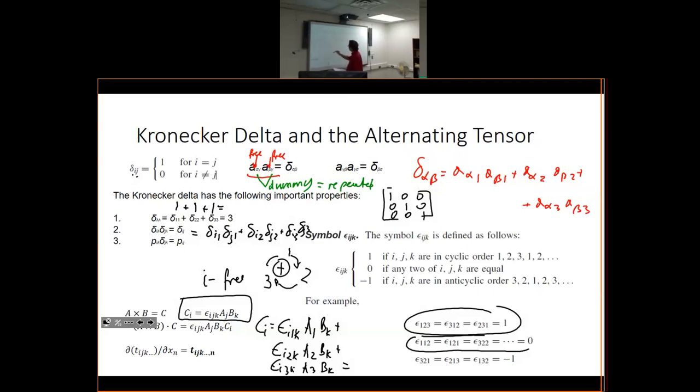But if you go the opposite orientation, which means you go counterclockwise, then you will produce minus 1. 1, 3, 2 is minus 1. 3, 2, 1 is minus 1. 2, 1, 3 is minus 1. Okay, so instead of remembering all of that, which is shown here, you can simply draw this small picture and you can generate the results of the values of the alternating tensor. Okay, any question?